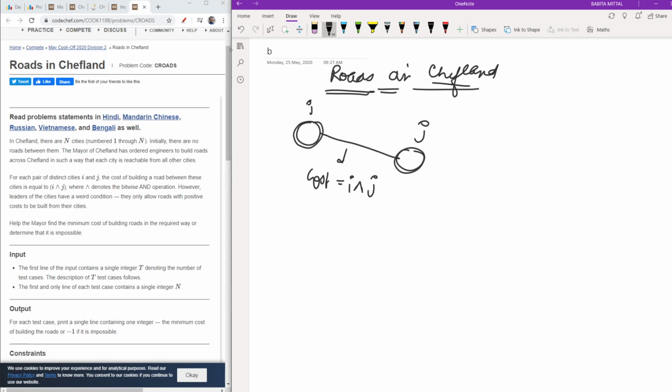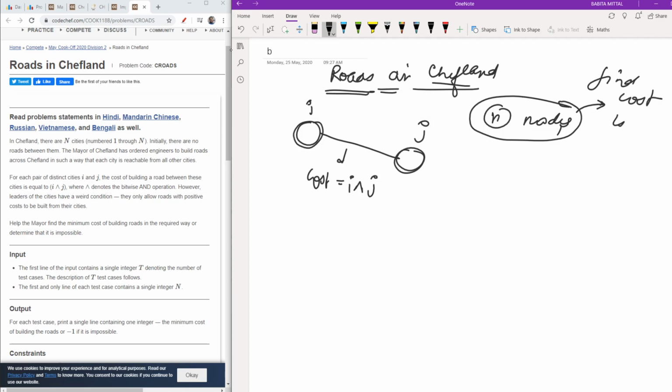So I will have n nodes, and I have to attach or arrange these nodes to make a road structure so that the final cost which is obtained is minimized.